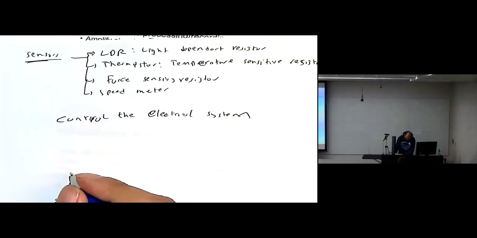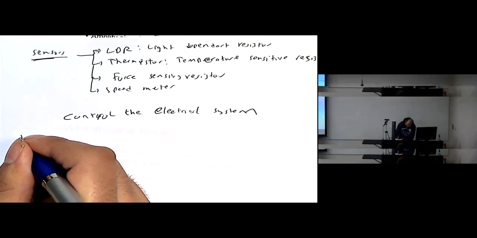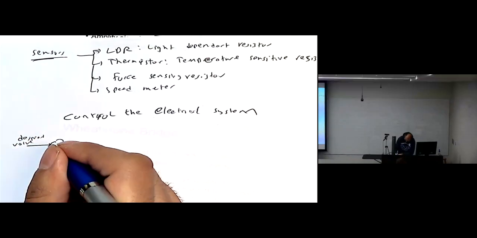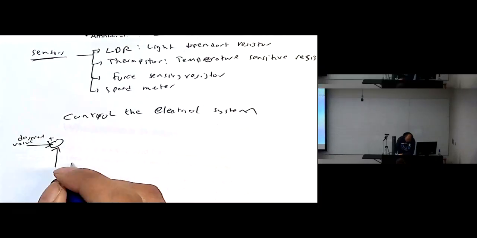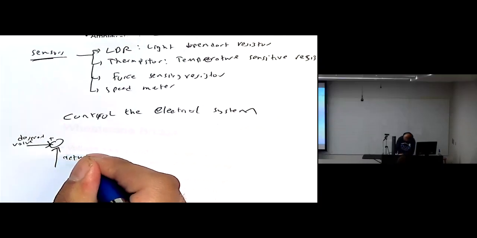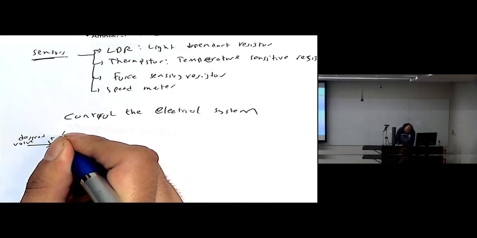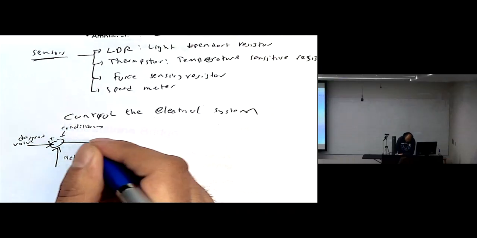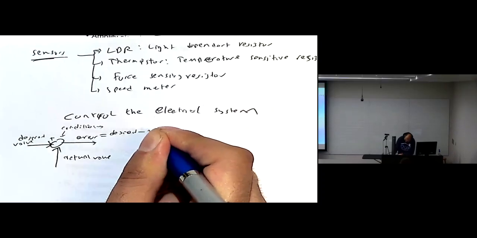So in general, for any system, I must have a desired value, and there should be a comparator between the desired and the actual value, a comparator or conditioning, to get the error, which is desired minus actual.